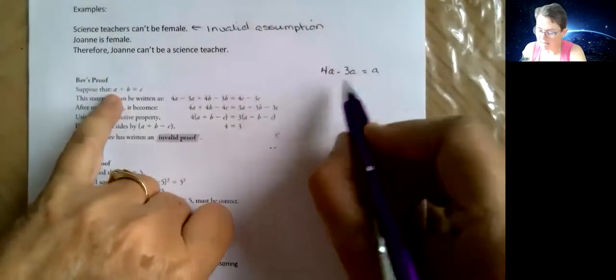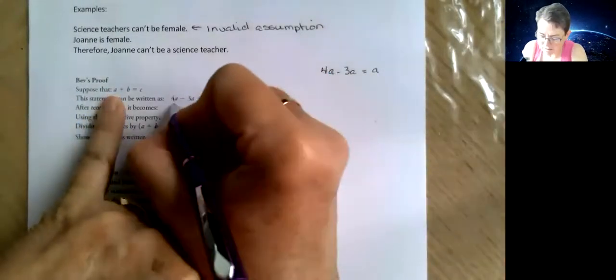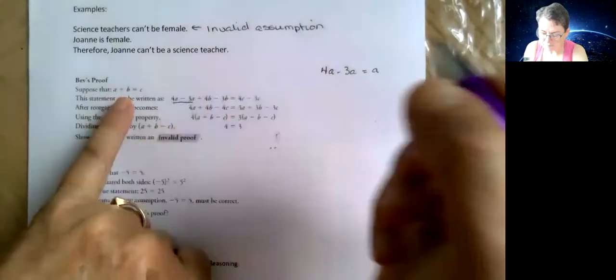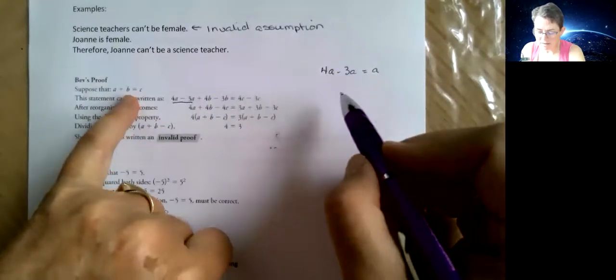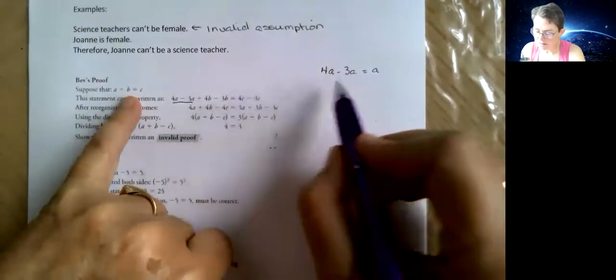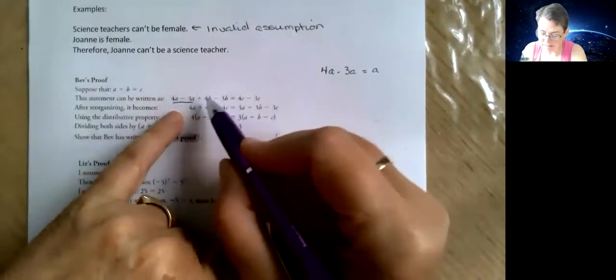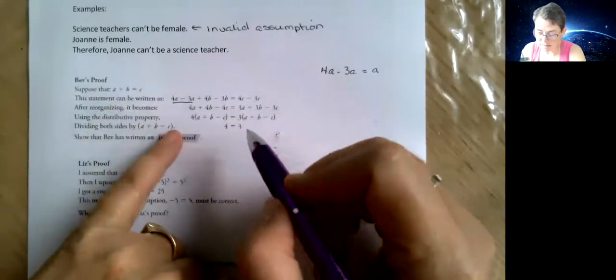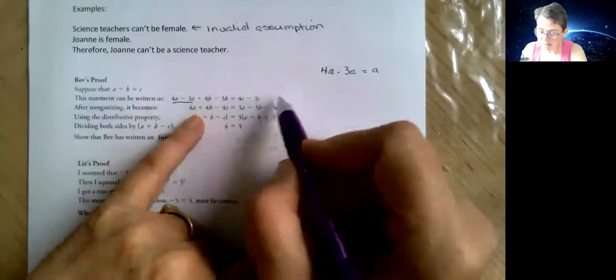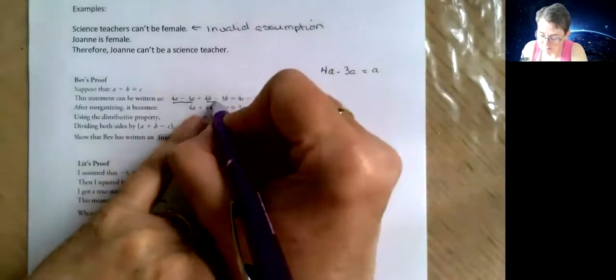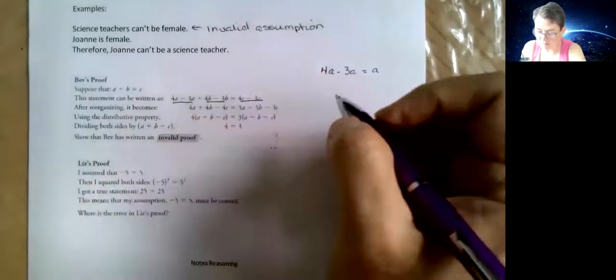Where the A is, they're putting the 4A minus 3A. That's where that comes from. And they did the same thing with the B, right? So if you were to take that line out and simplify it, it would take you back to that. And the same thing with the C. So just some weird substitution stuff going on.